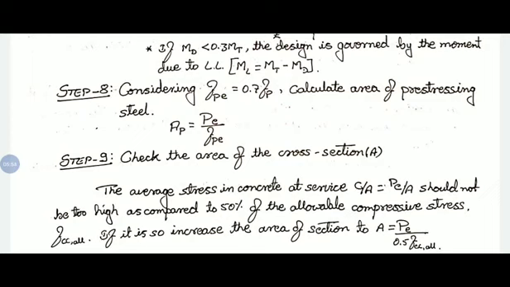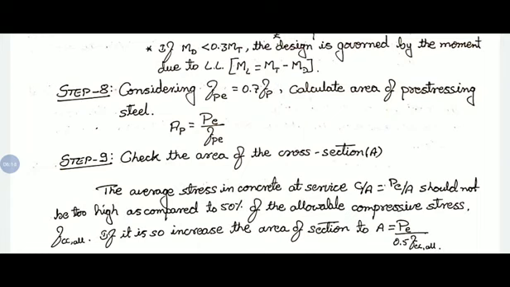For that effective pre-stress we need to find out the area of steel required. The effective pre-stressing force we have calculated, and the effective pre-stress for the selected tendon depends on our selection. Based on those two values we need to find out the area of tendon required.